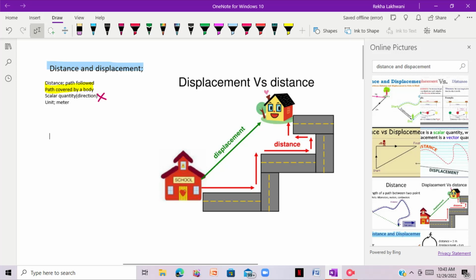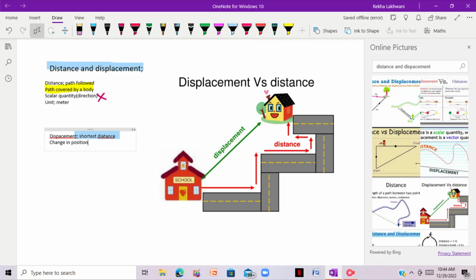Or you can say, change in position is known as displacement. Let me increase the font size. Change in position is basically known as displacement.